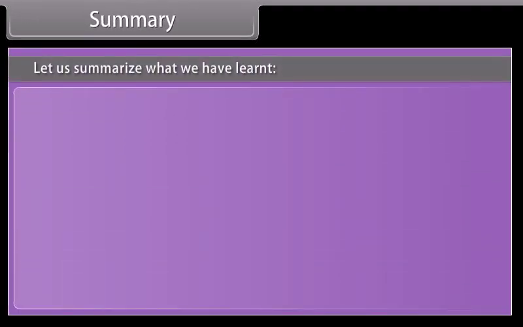Summary. Let us summarize what we have learned. If A is equal to A_ij of order m by n, then A dash or transpose of A is equal to A_ji of order n by m.